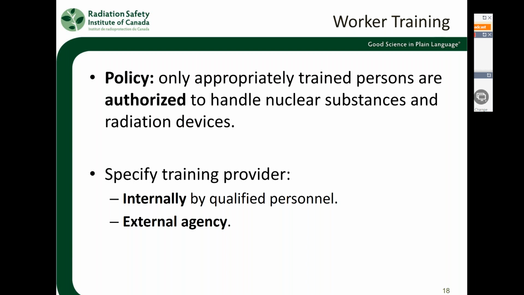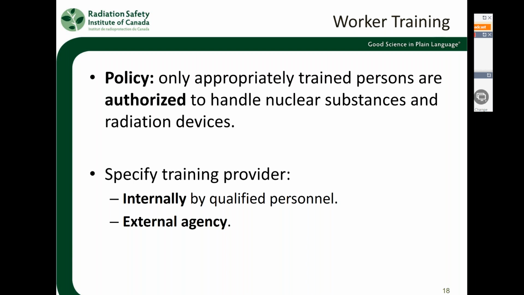So that's the key thing. A person is not to be permitted to use radiation sources until after they have received the appropriate training. You can have a clause to that which says that a person can work with a trained person, and that trained person then is responsible for that worker's safety with regards to the radiation sources.